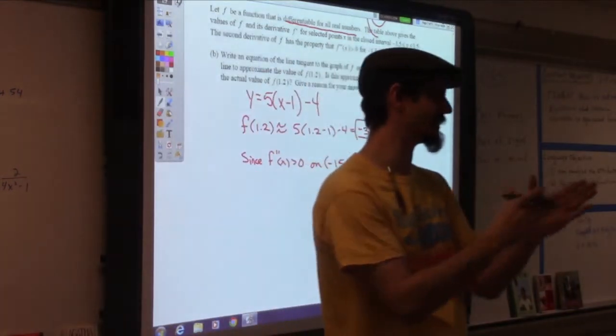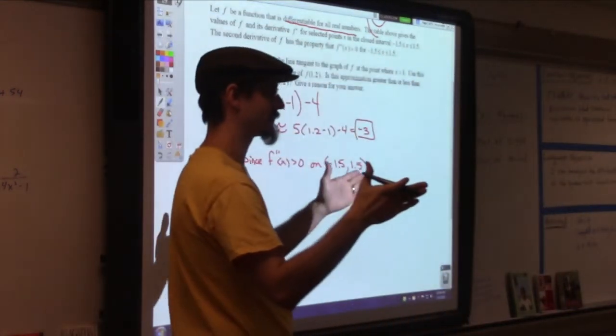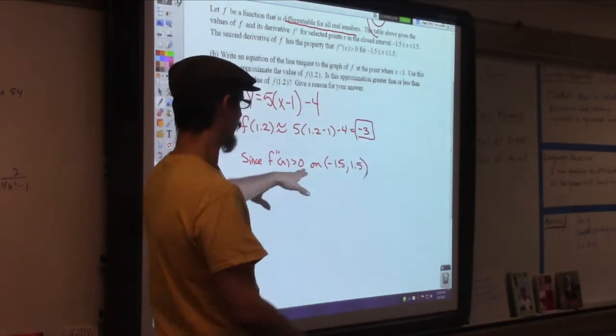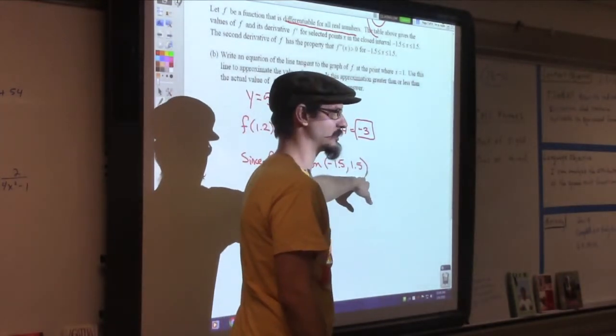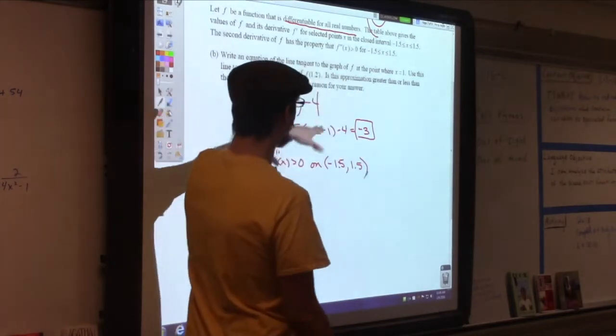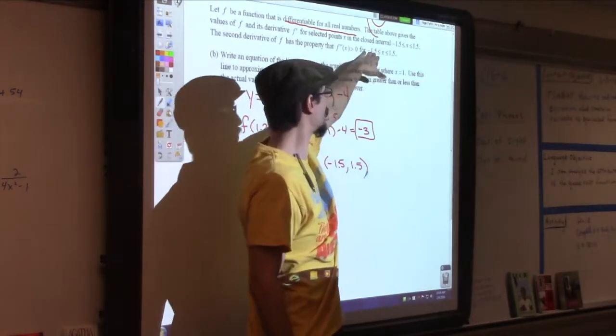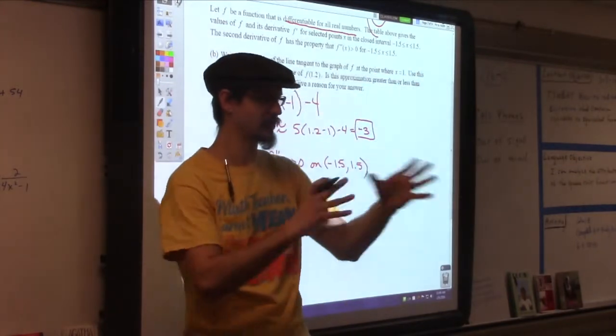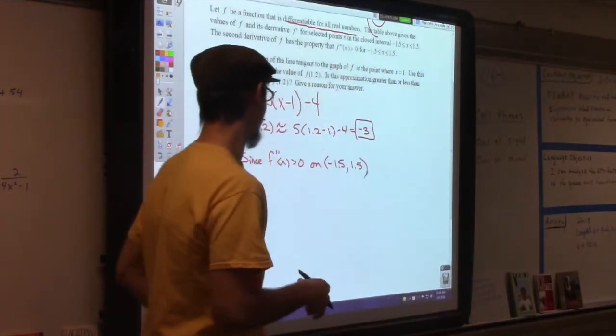Why is it important to give that it's greater than 0 here, and give the range, or domain of the question? Because they might assume that you're talking about the entire domain. I only know this is greater than 0 for this particular domain value, so I've got to incorporate that.